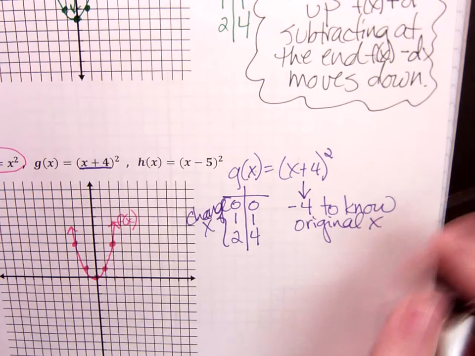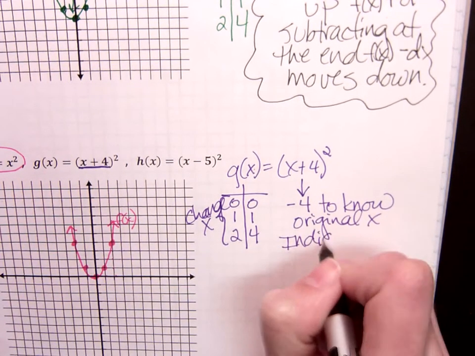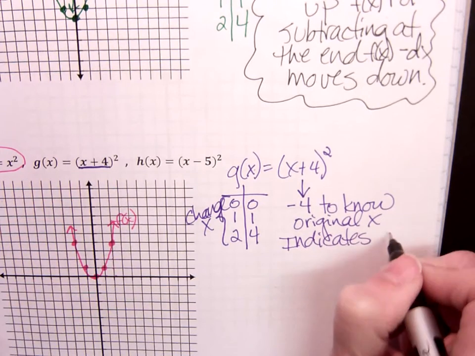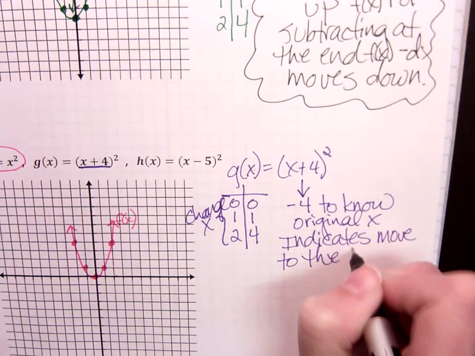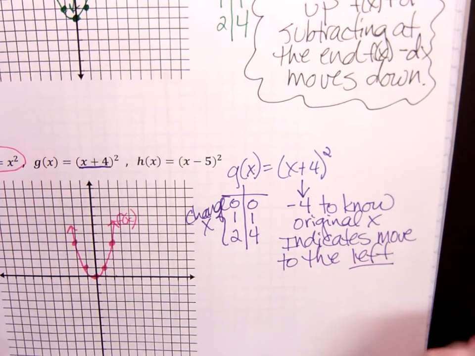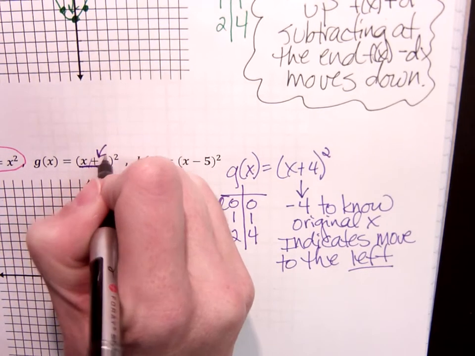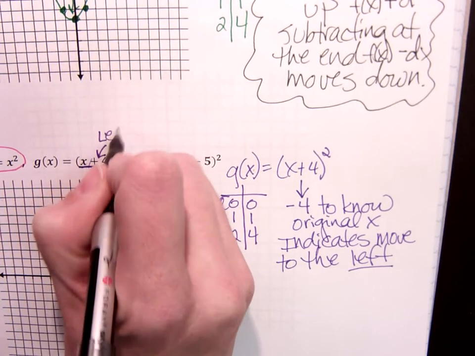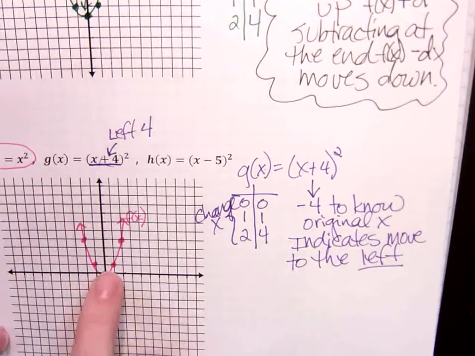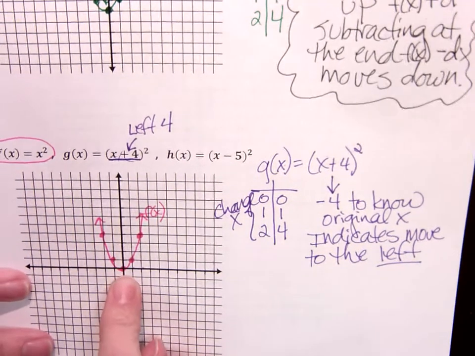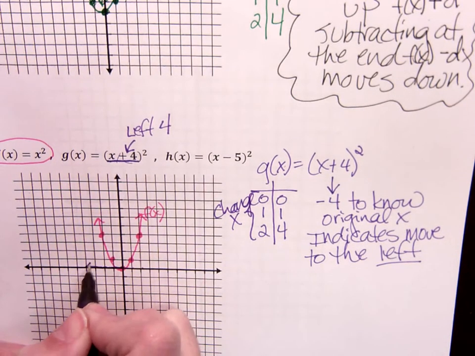Okay, and if we're subtracting, that indicates that we're moving to the left. So this plus 4 says move everything to the left 4 units. So I'm going to come down here. My 0, 0, I'm going to move back to the left 4.